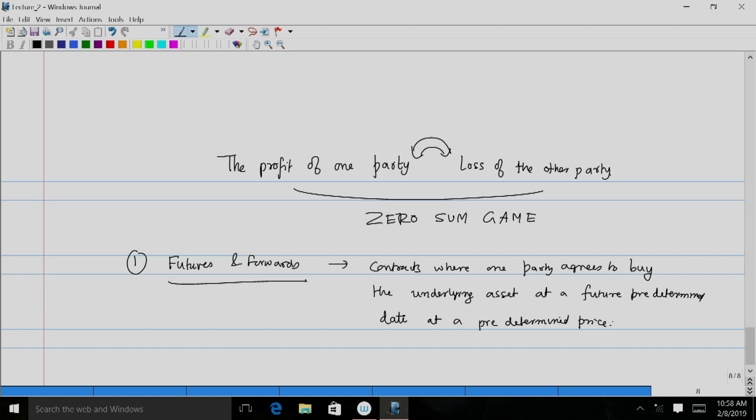at a predetermined price. And so, basically what happens is that there are two parties, say A and B, and they get into this futures or forwards agreement, wherein say party A tells party B that okay, I am going to give you this particular product, and party B says that okay, I will pay you this certain amount of money for the product.